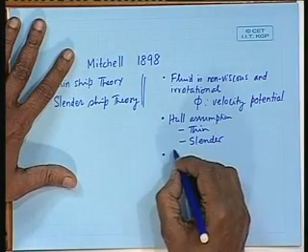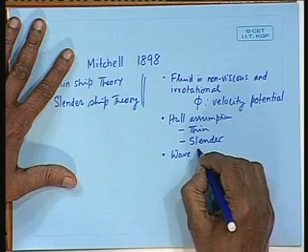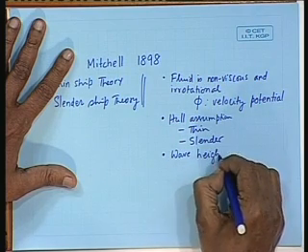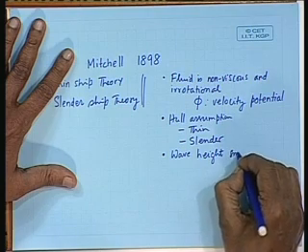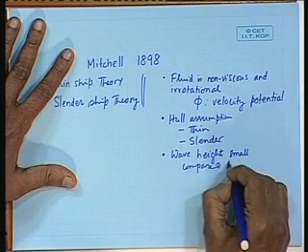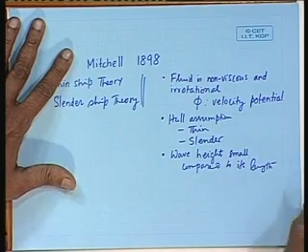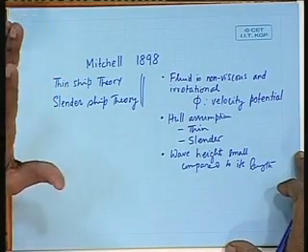The other assumptions are the wave height is small, the height of the waves generated is small compared to its length. Wave height is small means, what does it imply?